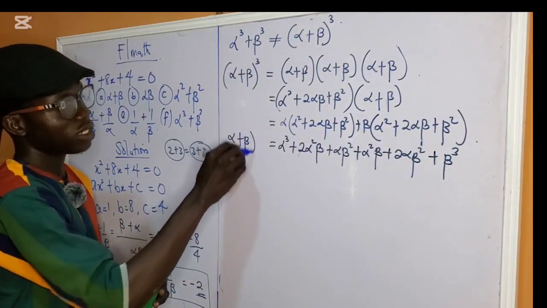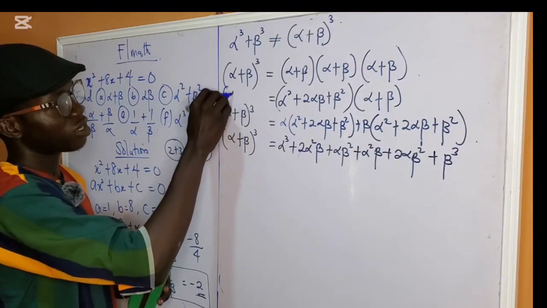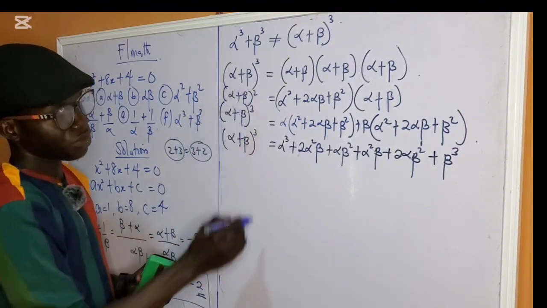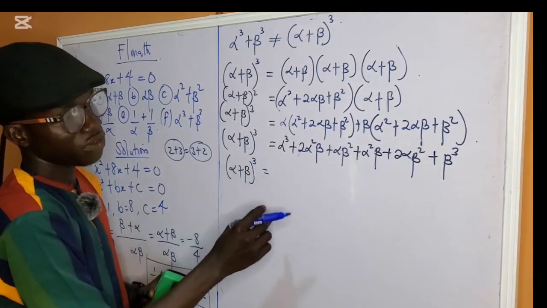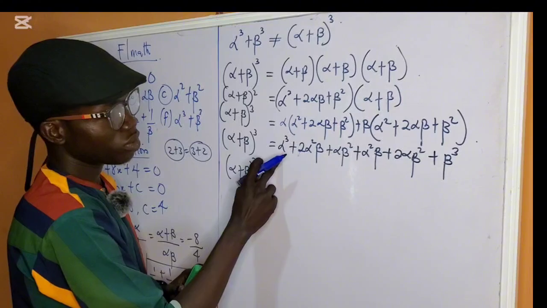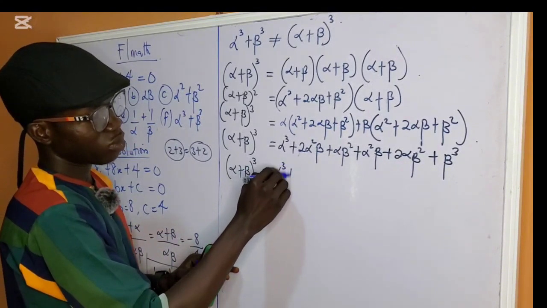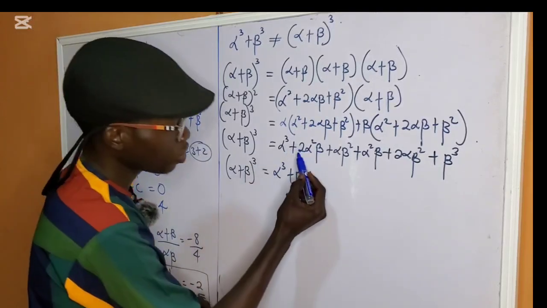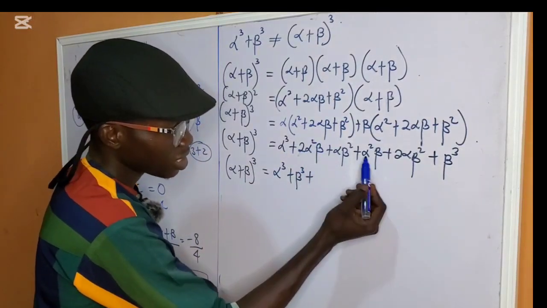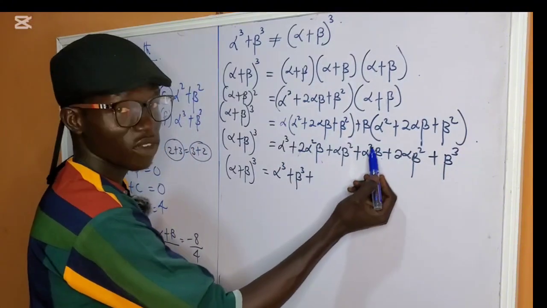Don't let us forget this. So rearranging this, we are going to have alpha cube, beta cube. So we can write them together, alpha cube plus beta cube. Now let's take the ones that look alike. You can see we have 2 alpha squared beta. It's similar to alpha squared beta. So this is 2 alpha squared beta, and this is 1 alpha squared beta.